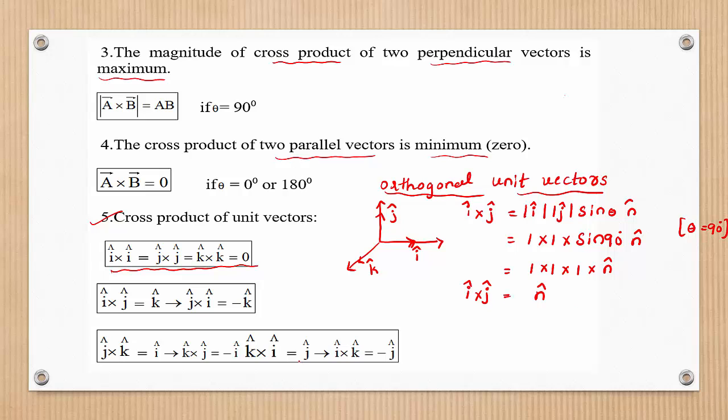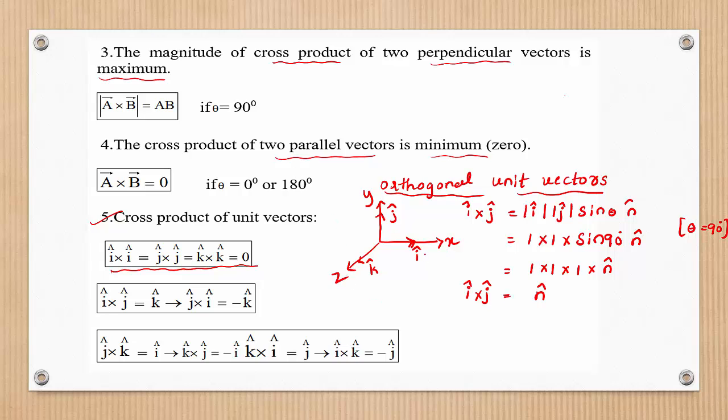Again you can use the screw rule or right hand thumb rule. Let us move your fingers from i to j vector. When you are moving i to j, the thumb is outward. Outward direction means we will get k cap. Because for these axes, this is the x axis, this is y and this is the z axis. When you consider the xy axes, z is perpendicular. When you consider y and z, x is perpendicular.